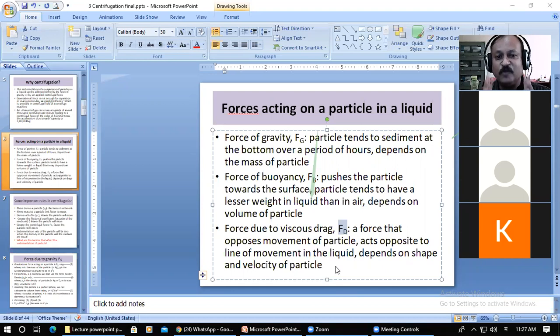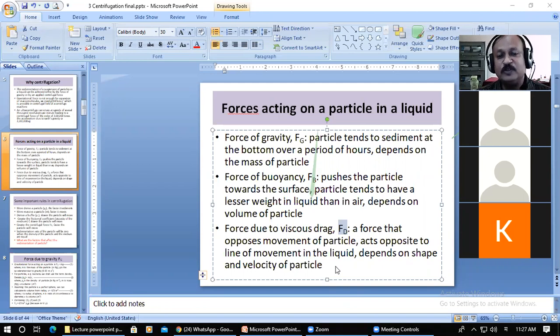That is the force of resistance, or the force of viscous drag. This force will also depend upon the size or shape of the particle. It will also depend upon the mass of the particle, because the more the mass, the more the sedimentation rate, and the more the sedimentation velocity, the more the force of viscous drag.